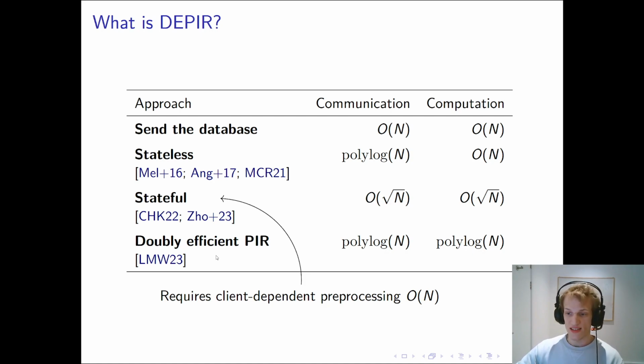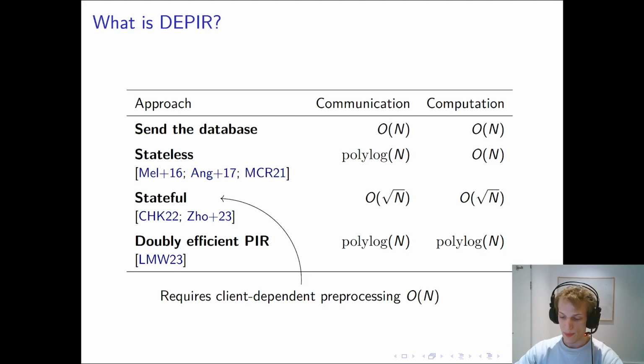But last year, this paper by Lin, Mook and Wichs was the first one to actually propose a construction that achieves doubly efficient PIR under standard hardness assumptions. I encourage everyone to read the paper, it's really cool and won the best paper award at STOC.